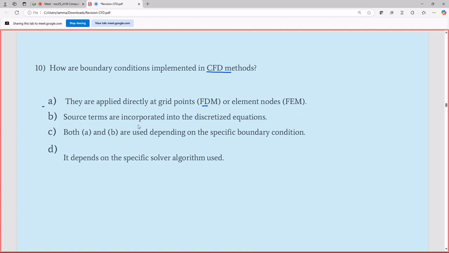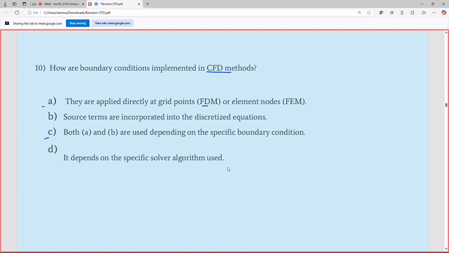Option B, source terms are incorporated into discretized equations. Option C, both A and B are used depending on specific boundary conditions. Option D, it depends on specific solver algorithm used. So the question is, how are boundary conditions implemented in CFD methods? Try to answer the question.